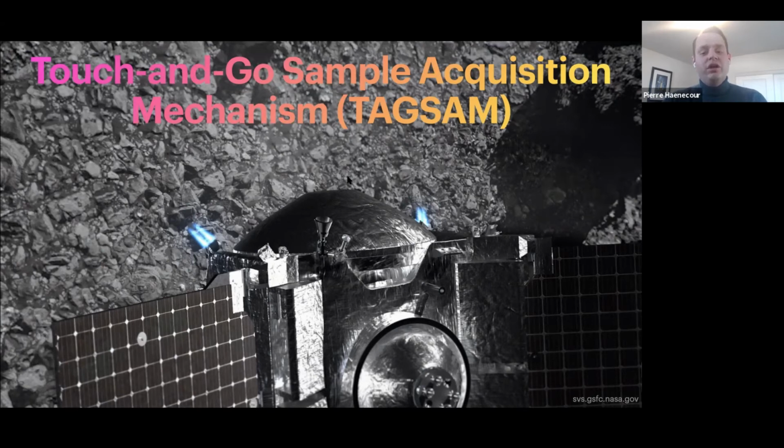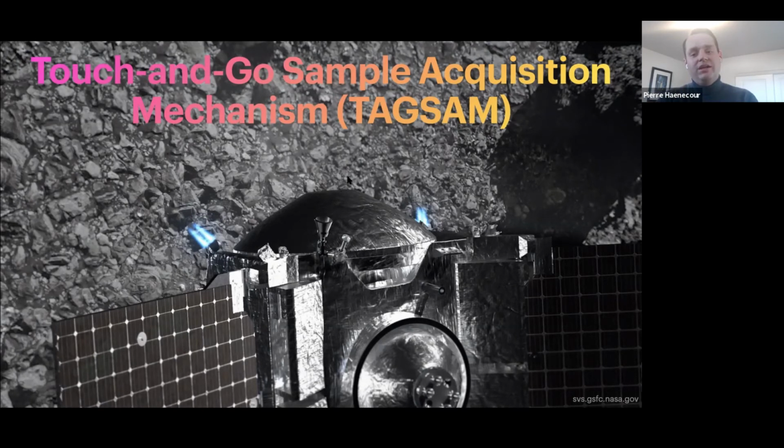But I'm going to show you, this was an animation put together before the actual tag event. But we do have a series of cameras that can visualize the actual TAGSAM head, the circular head that touches the surface during the event.